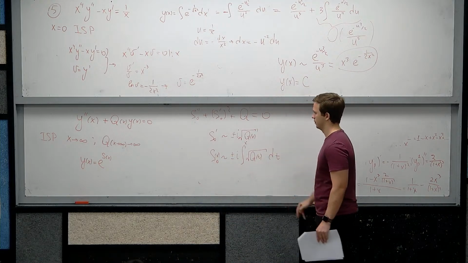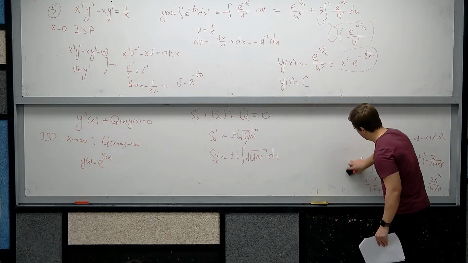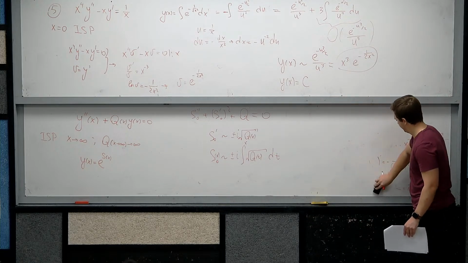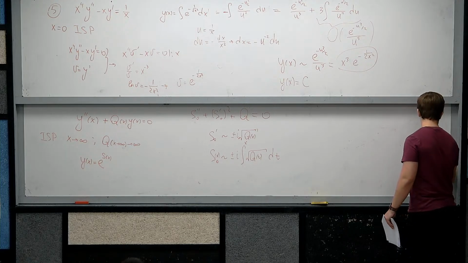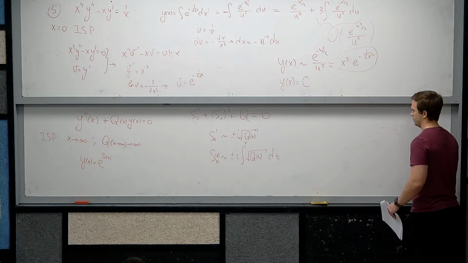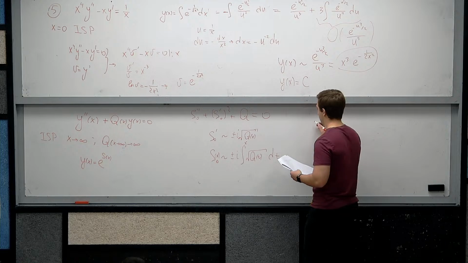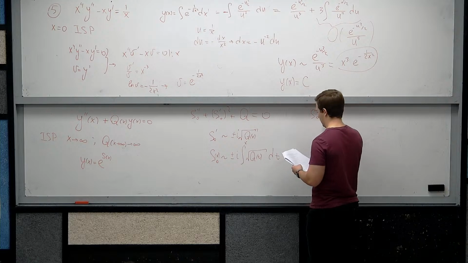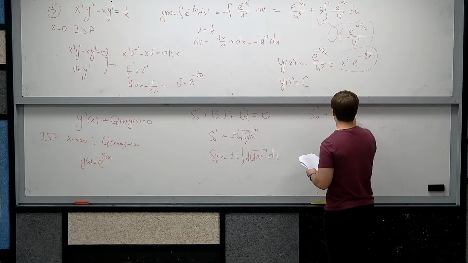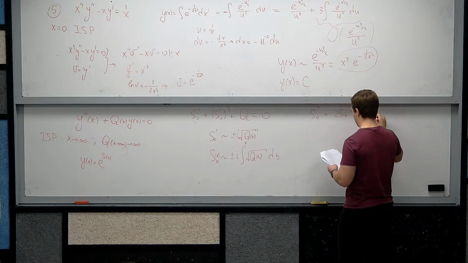Okay, this is the 0th step. Then we do the same with s1. With s1, we will have s naught double prime plus 2 s naught prime s1 prime equals 0.